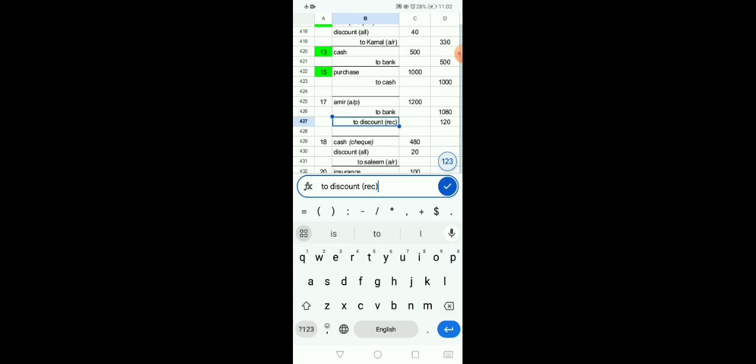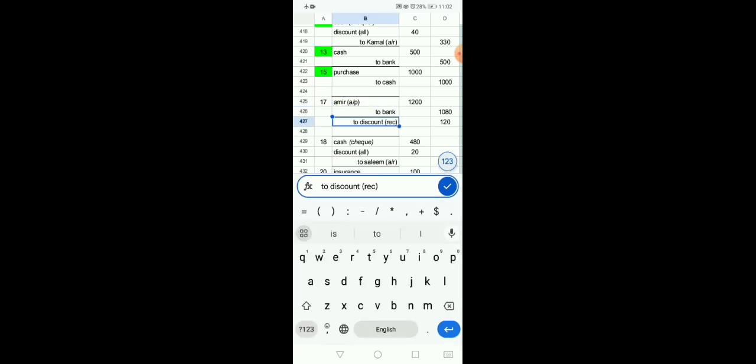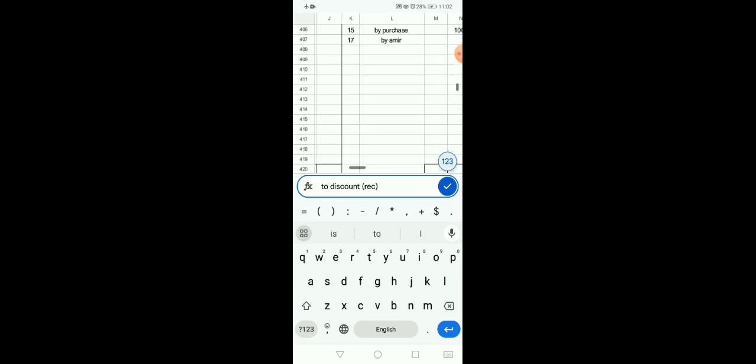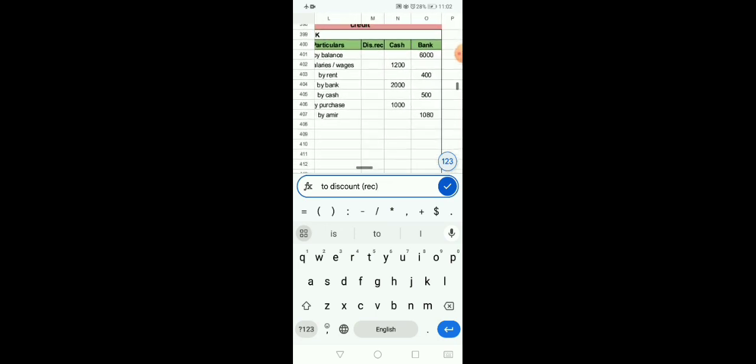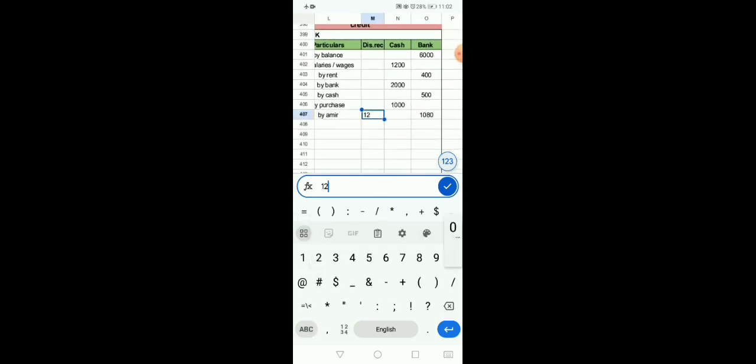Now discount. Here please give your attention for discount and bank. Reference is same and date is same, so you will choose the same row. Discount is credited by 120. Go to the credit side of discount and write down 120. It was another option for you that you can write 120 over here in the next line and write by Amir and 17 again.